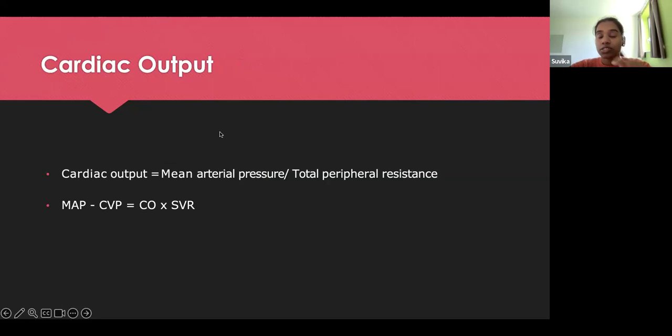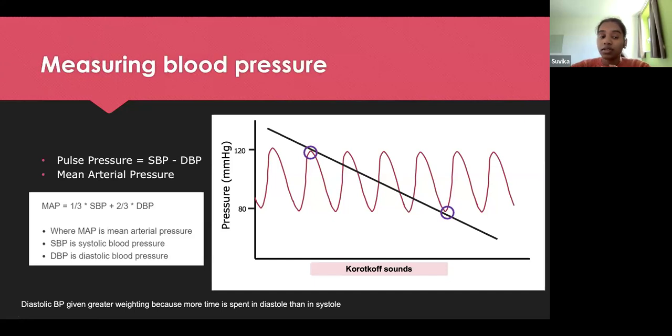So there should be some flow through the vessel, so you should hear Korotkoff sounds. And again, you keep decreasing the pressure of the cuff until you don't hear Korotkoff sounds anymore, because at this point, the pressure of your cuff is lower than your blood pressure, and so now there's no force acting on the vessel to occlude it, with it collapsing and opening, collapsing and opening. That is your Korotkoff sound.